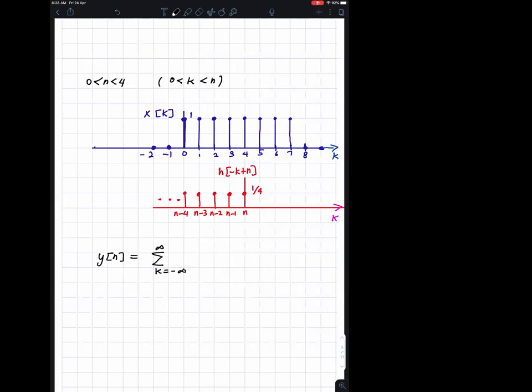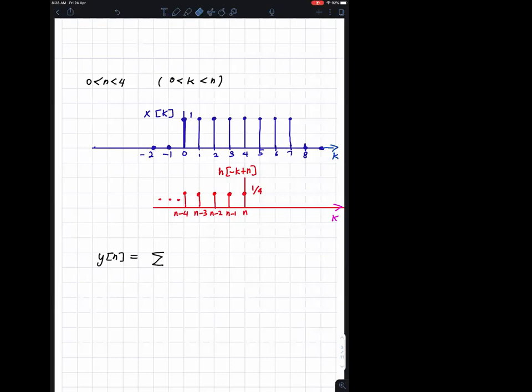But in this case, what is our lower limit?